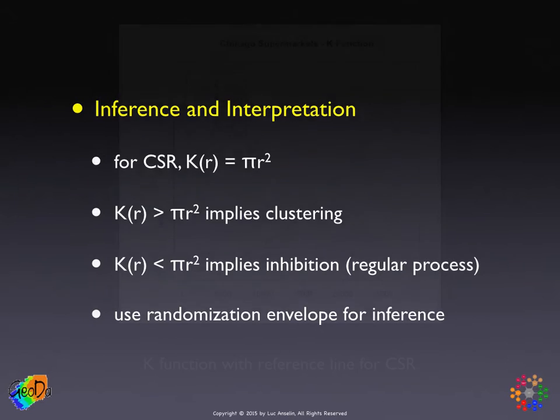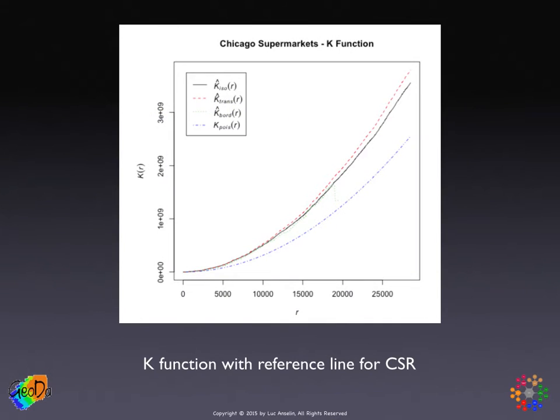So what does this look like? For our Chicago supermarkets example, we again see that the three edge corrections don't really make a big difference, except maybe at the larger distances where they start to diverge a little bit. The theoretical function for the Poisson process is the dashed blue line, and as we should be fairly confident by now, the Chicago supermarket point pattern exhibits clustering, so the black line, the K function, is above the blue line.